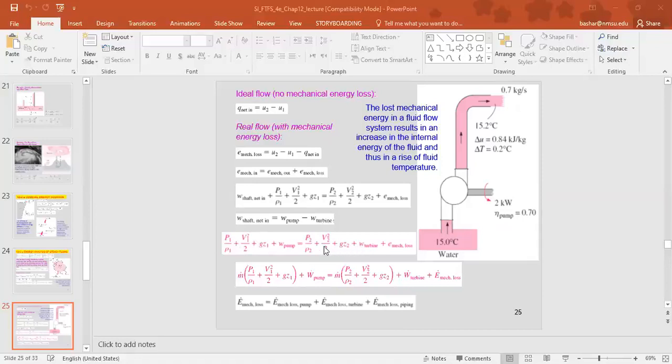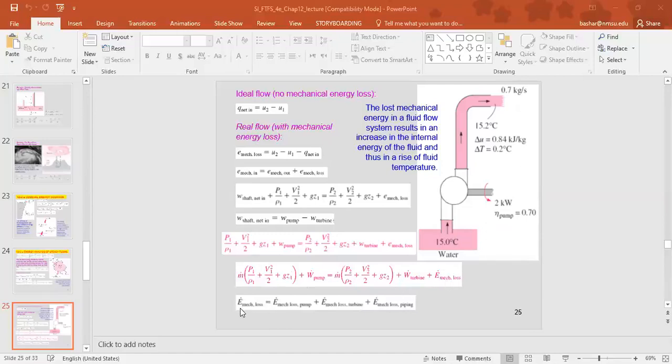Okay. Now, if we multiply this equation by the mass flow rate, we then obtain the power form of the energy equation for steady flow. And here the E dot, the mechanical power losses, is given in this equation.